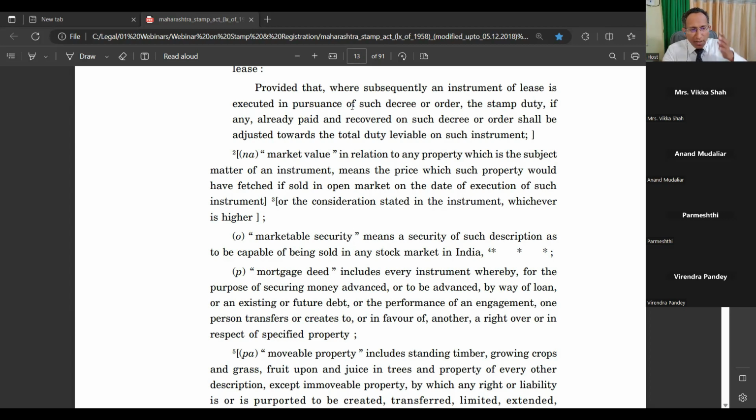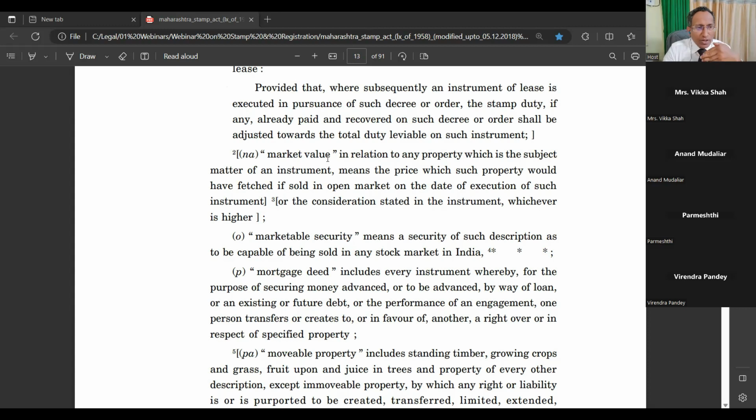So technically, a transaction must always be on a square meter basis, and in the ready reckoner everything is in square meters.